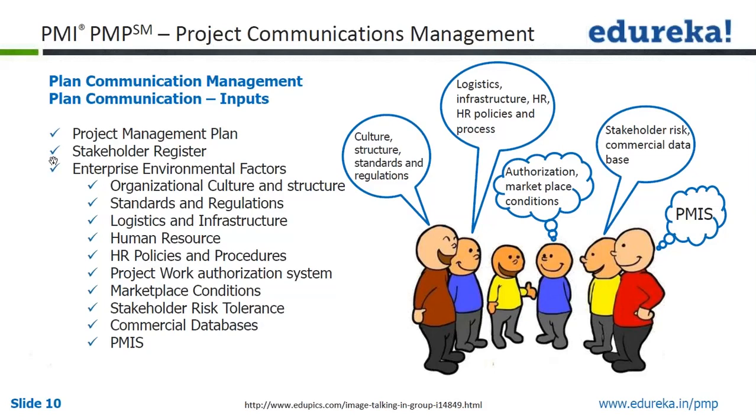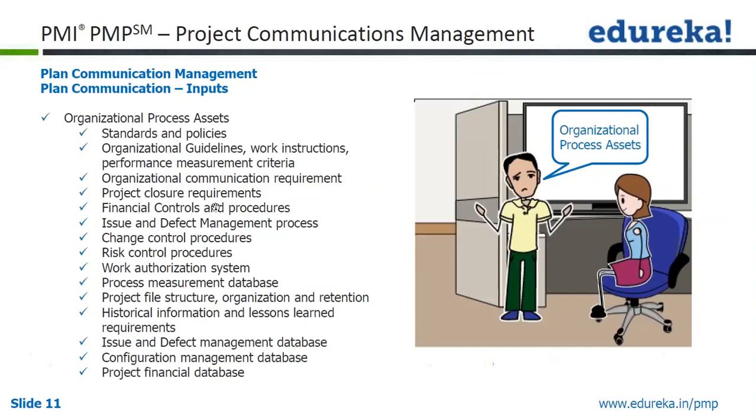I'm just reading it out. We have seen these enterprise environmental factors in one of the initial sessions; those will be used. We also know that project management plan, stakeholder register, enterprise environmental factors, and OPA are the input for many of the plan knowledge area management processes.